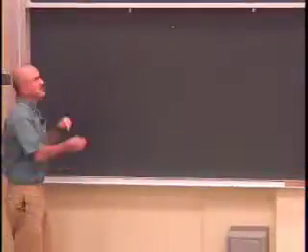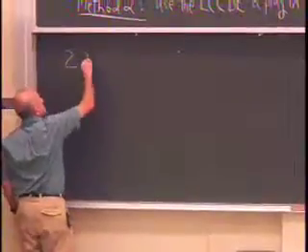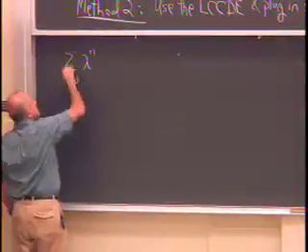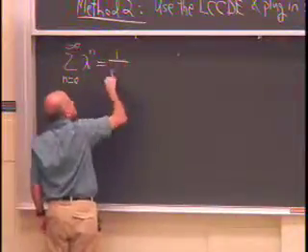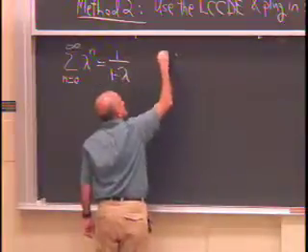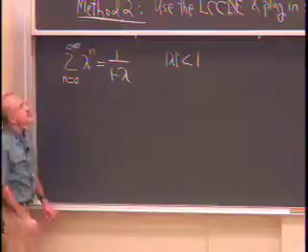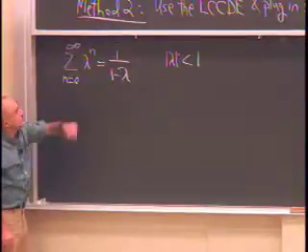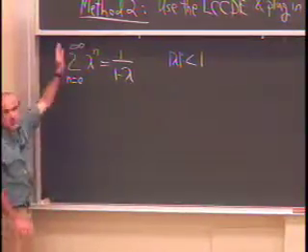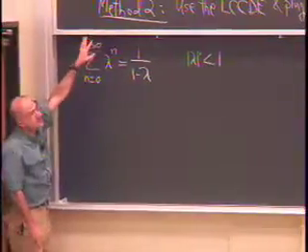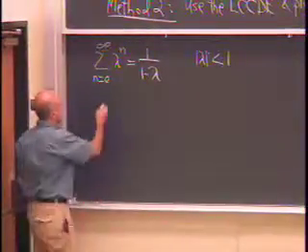Yeah, I did put the summation of lambda to the n, n equals 0 to infinity, equals 1 over 1 minus lambda, for when the magnitude of lambda is strictly less than 1, last time. That's what I thought we did. Okay, I'll do both of them quickly since this is going to be a review then.